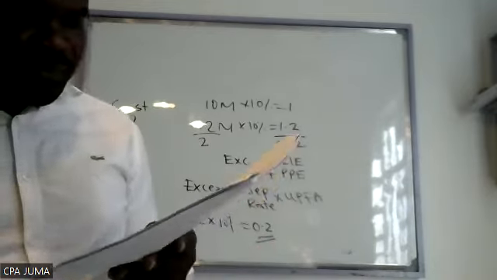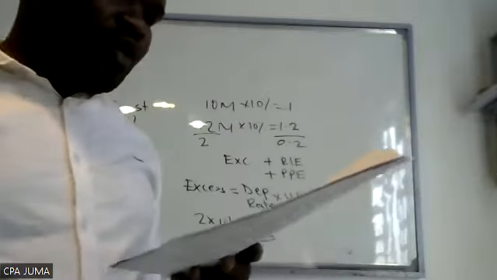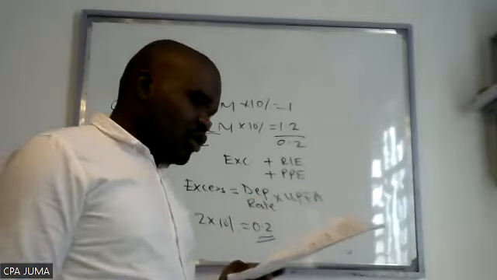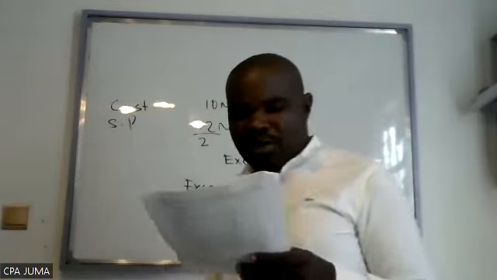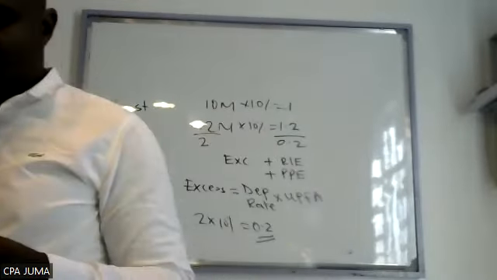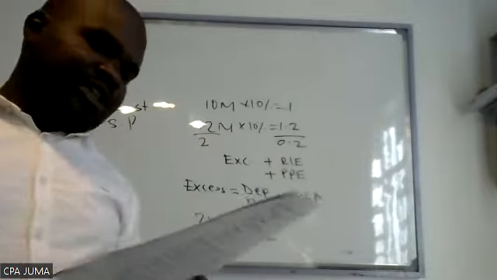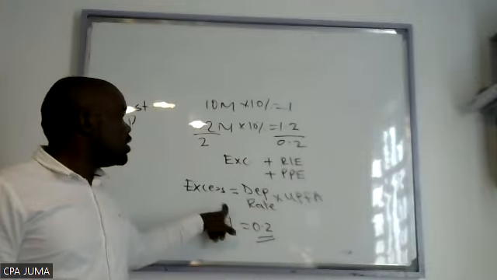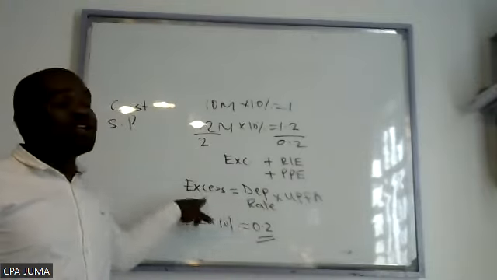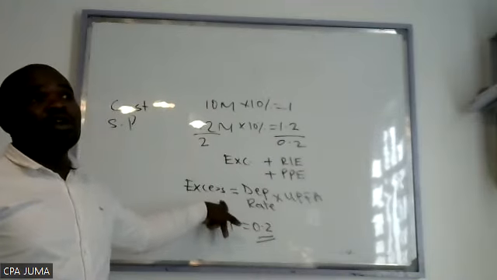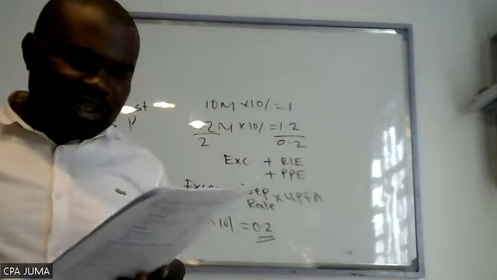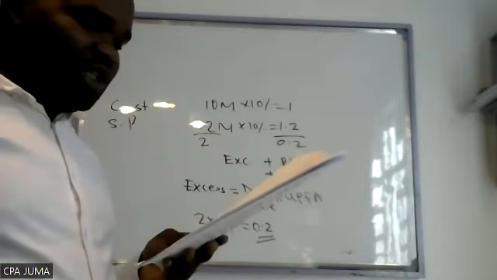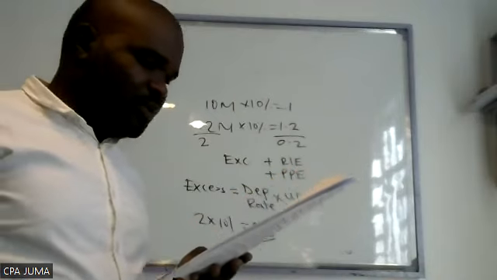Back to the notes. This arises when the group charges depreciation on the assets that can be transferred at a profit to another group member. Excess depreciation is equal to UPFA times the depreciation rate. That one I've explained. This is how you calculate the excess amount. You take the UPFA times the depreciation rate. The excess depreciation has an effect of reducing the consolidated profit and group PPE.